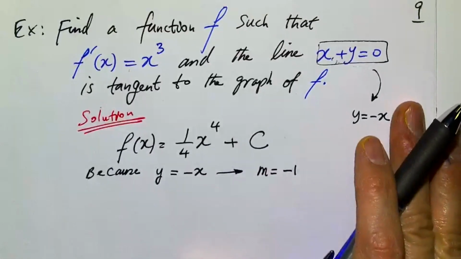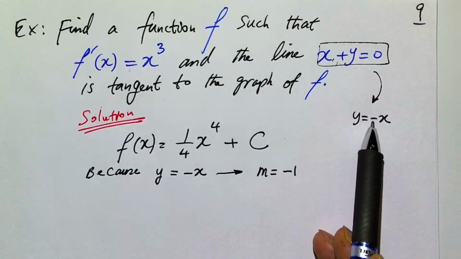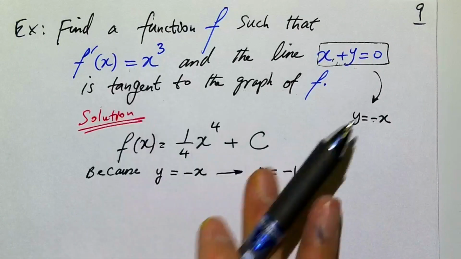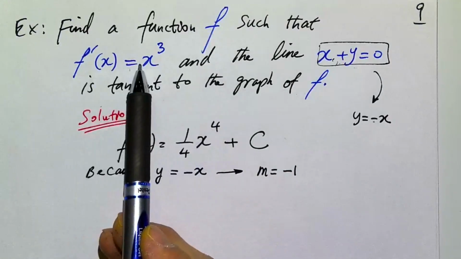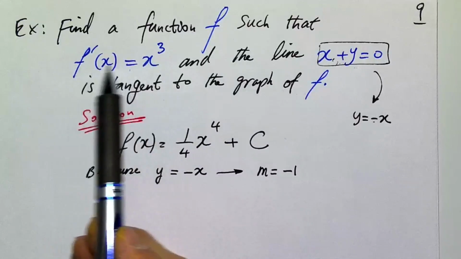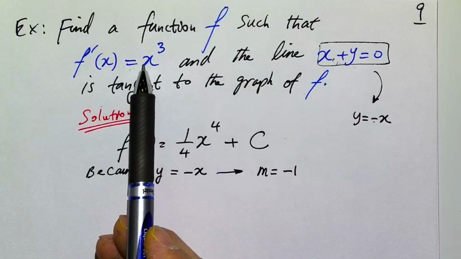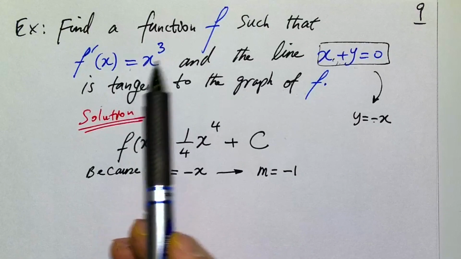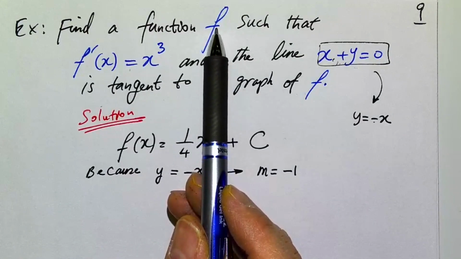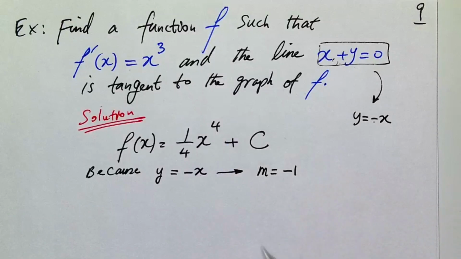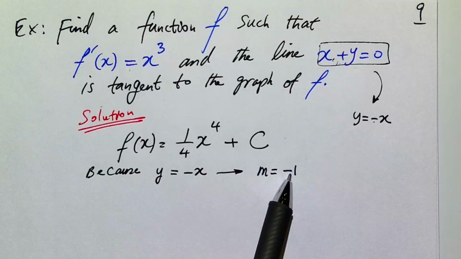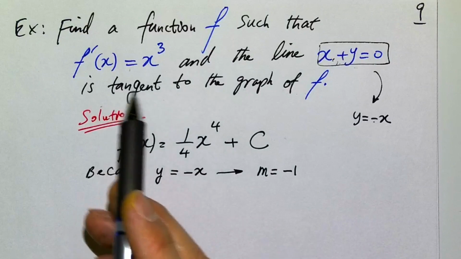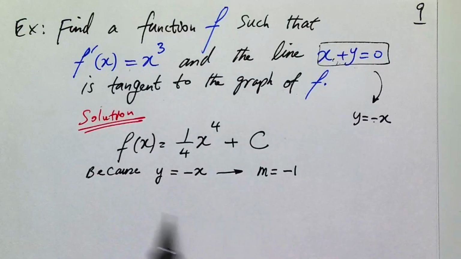But the slope of that line, and we are told that this is the derivative of that antiderivative. So this function calculates the slope of the tangent line at every point to that curve. At some point, it should be equal to -1, right? At some point, this equation should be -1. So let's find out what point that is.